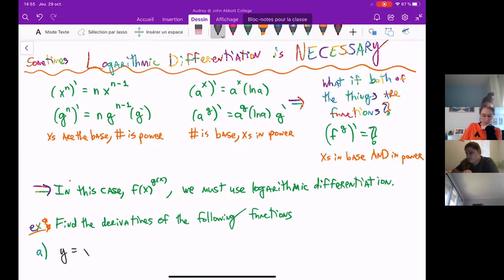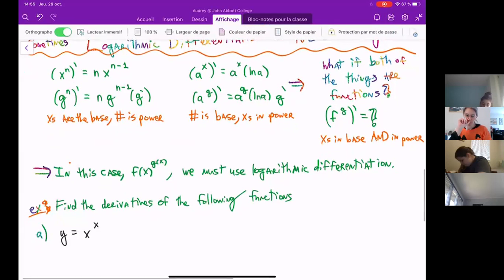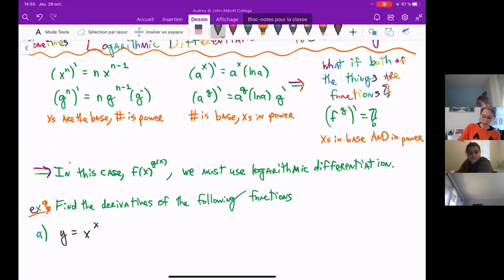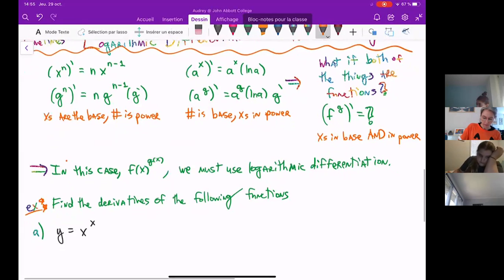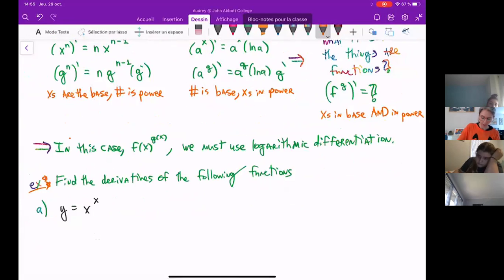I'm going to start with the simplest version of this before we make it a little more challenging. Here, I cannot bring the x to the front. I can't say x to the x prime is equal to x times x to the x minus 1. That doesn't make sense because this is not that first thing that we have there.